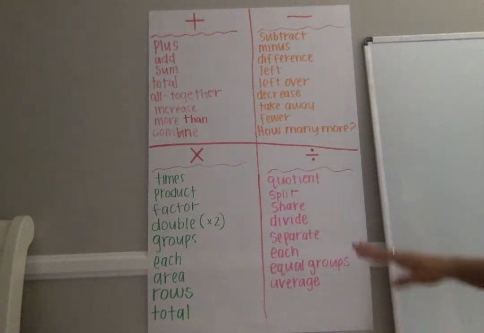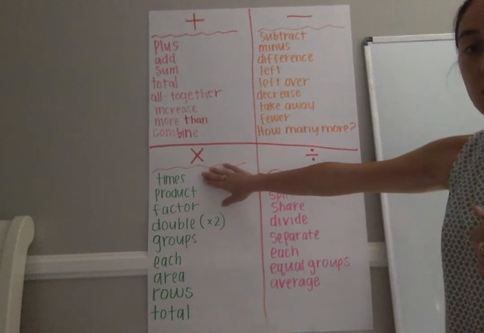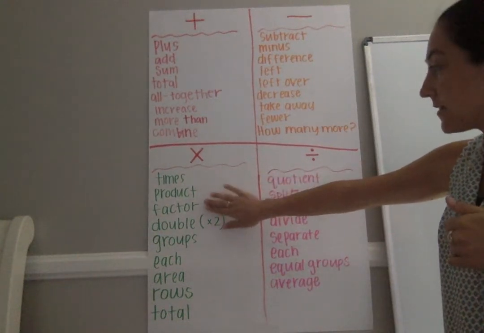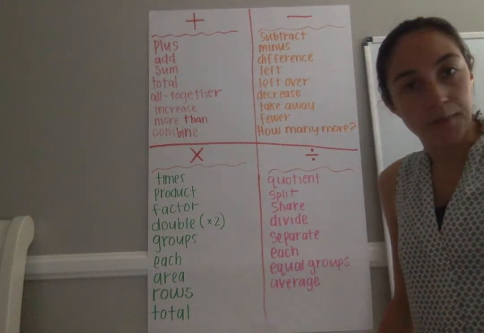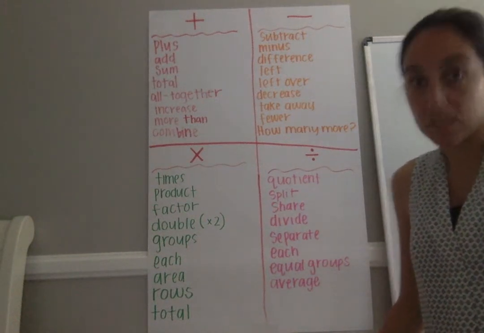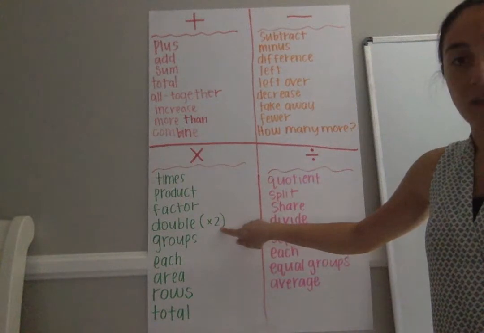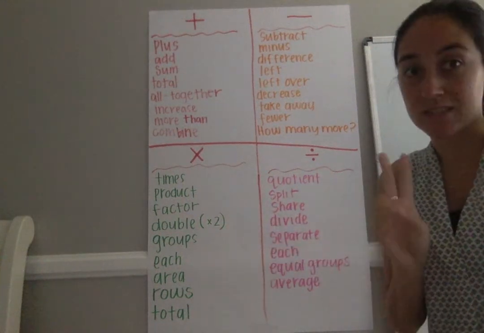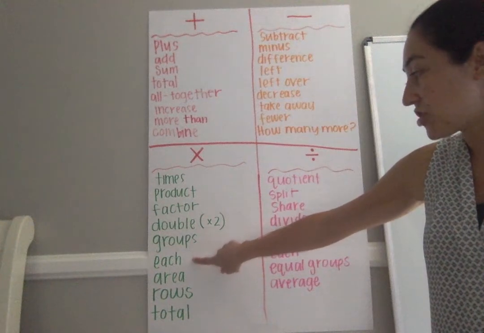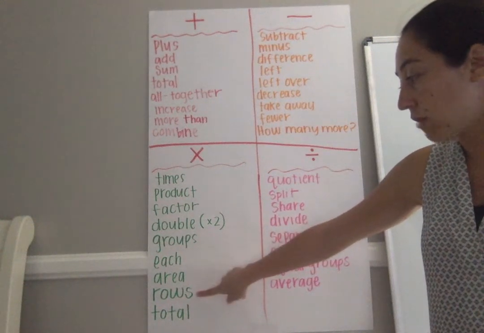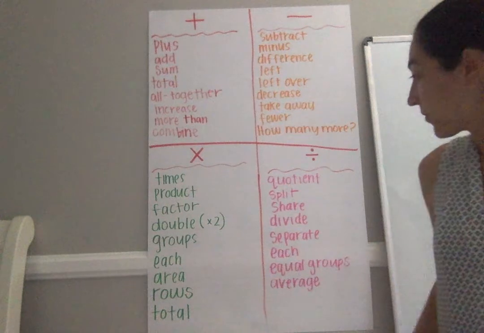Okay, moving on to multiplication, we have times, product, factor, double. If it says I had double the amount than you did, you always multiply that number by 2 because double means times 2. Also groups, each, area, rows, and total.